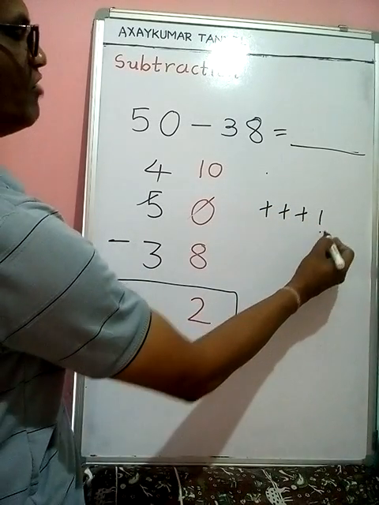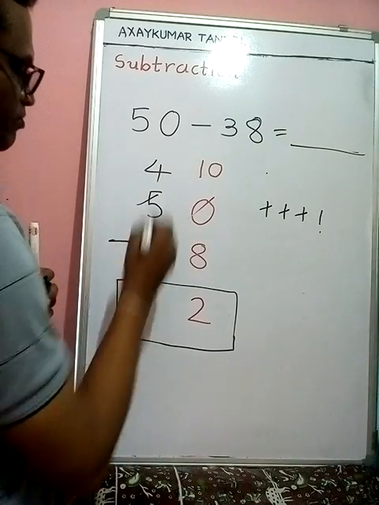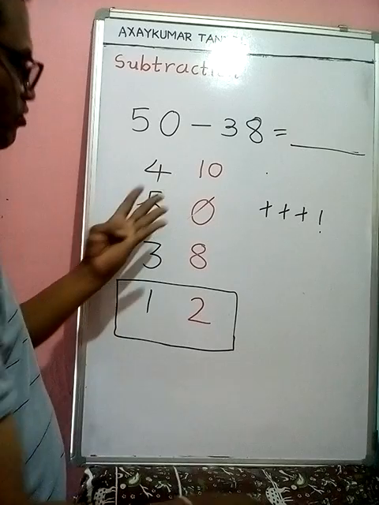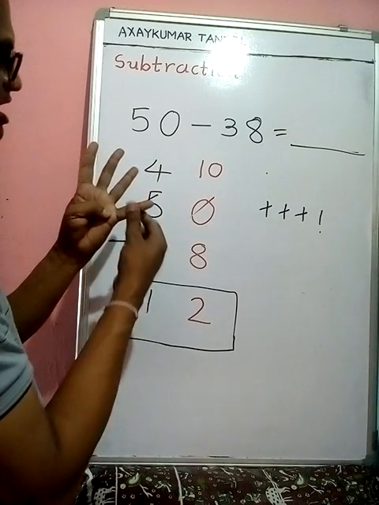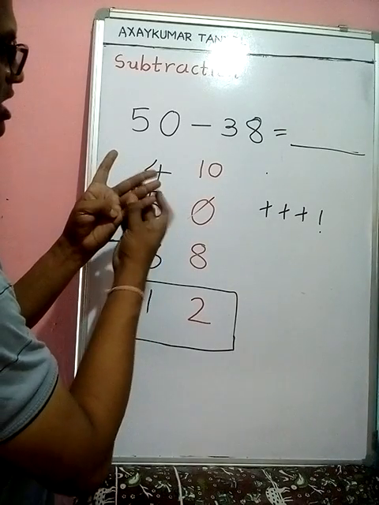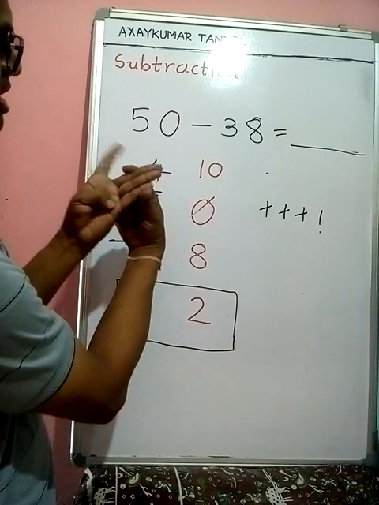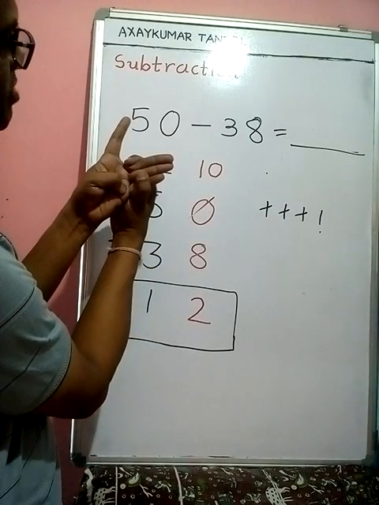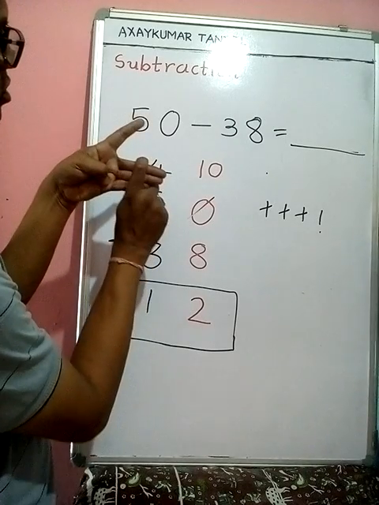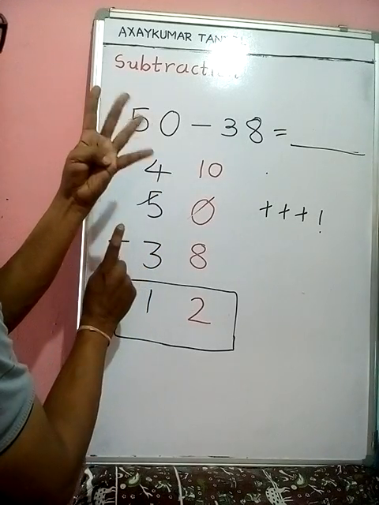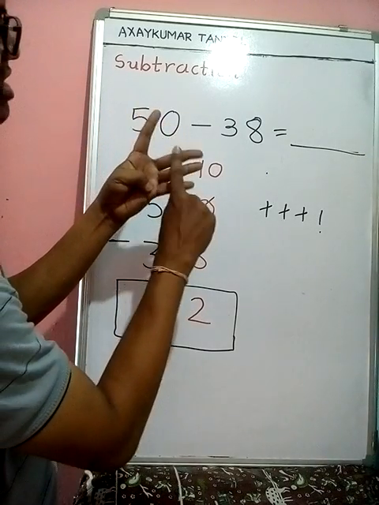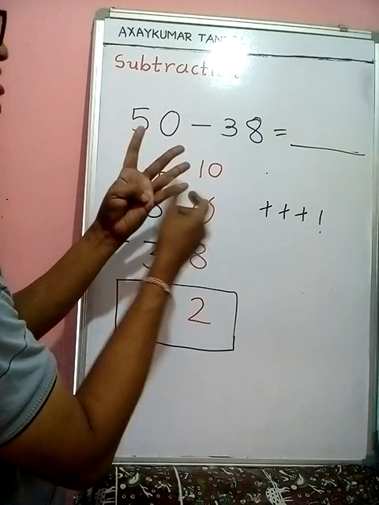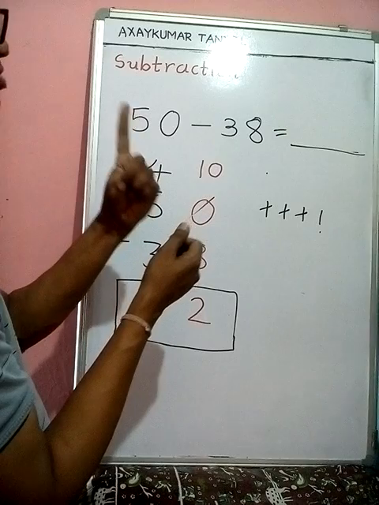How many save? 1. 4 minus 3 is equal to 1. Okay, with the help of fingers: 4 minus 1, 2, 3. How many saving? 1.